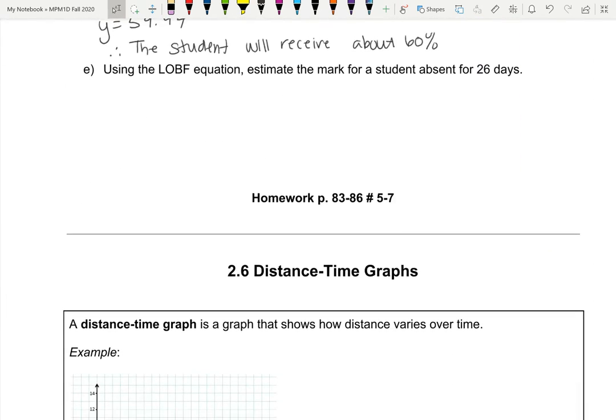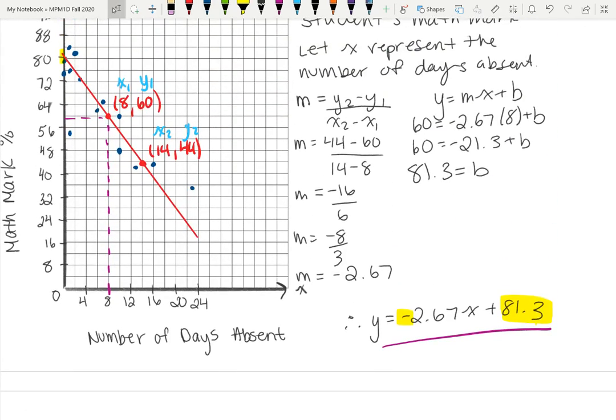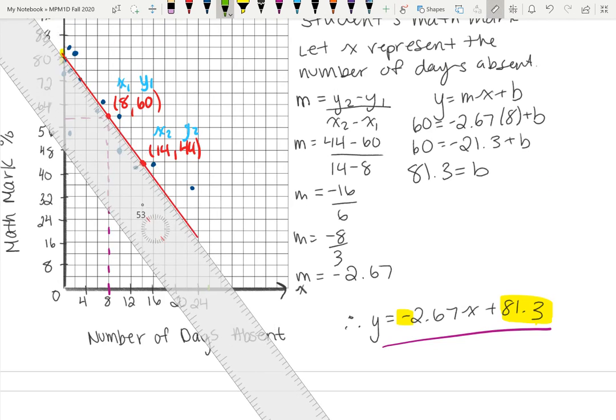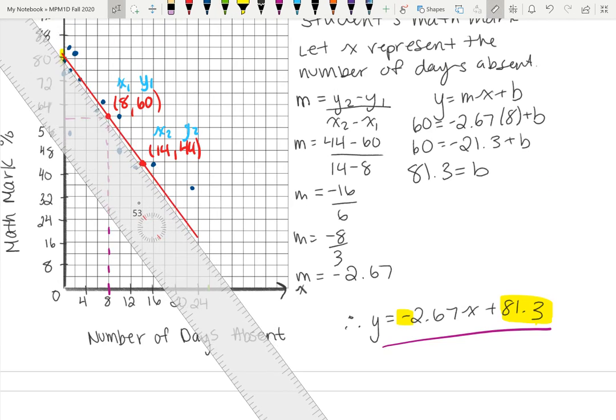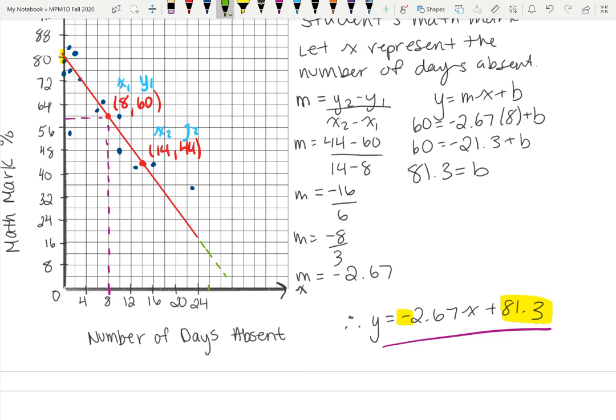Using the line of best fit equation, estimate the mark for a student absent for 26 days. Now we're going to sub in 26 for x. So 26 days would be here. That would be extrapolation because we would have to extend our line of best fit and then read.